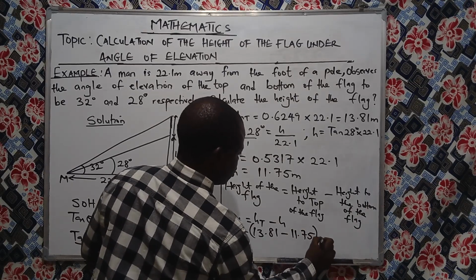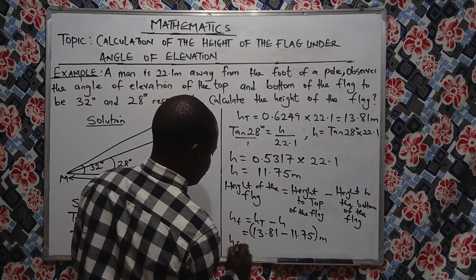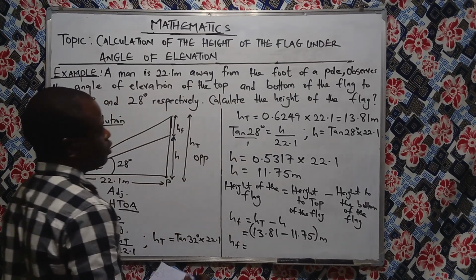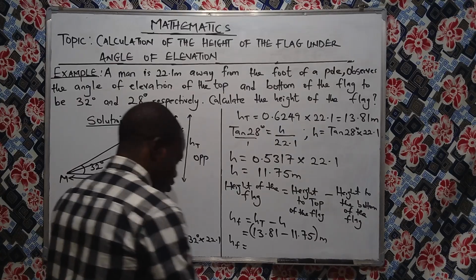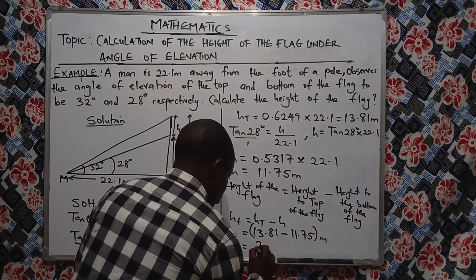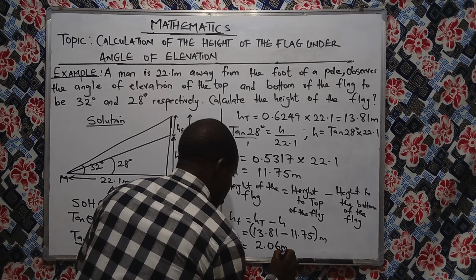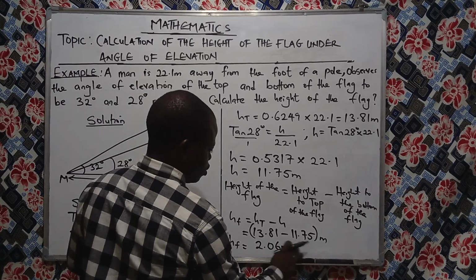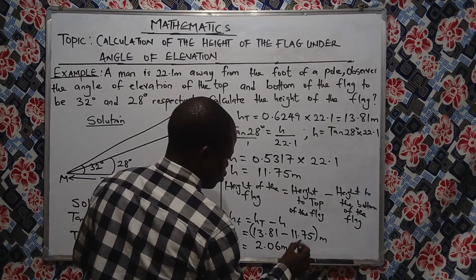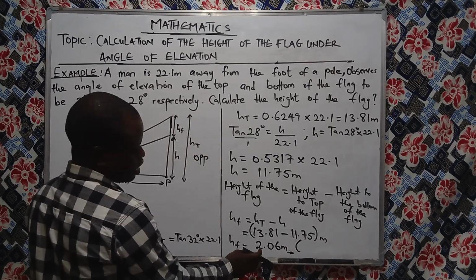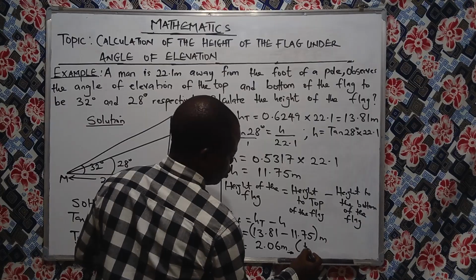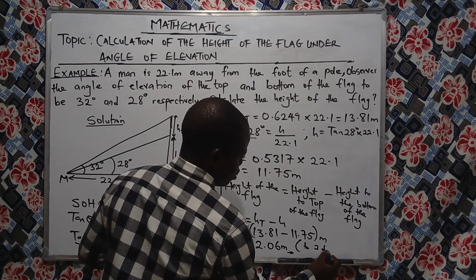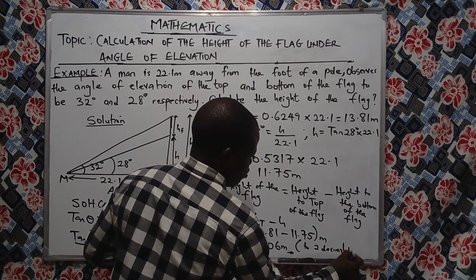They are all in meters. Now HF, which is the height of the flag, equals 2.06 meters, to two decimal places.